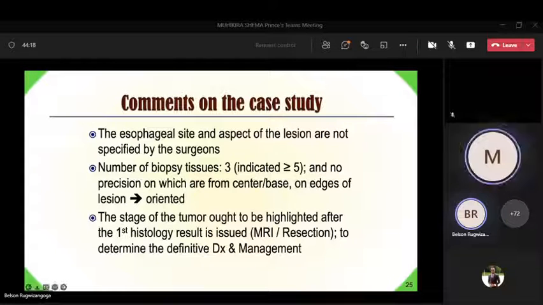They gave just 3 biopsies, and the international standard is that they should take at least 5. The stage of the tumor ought to be highlighted after the first histology result is issued.